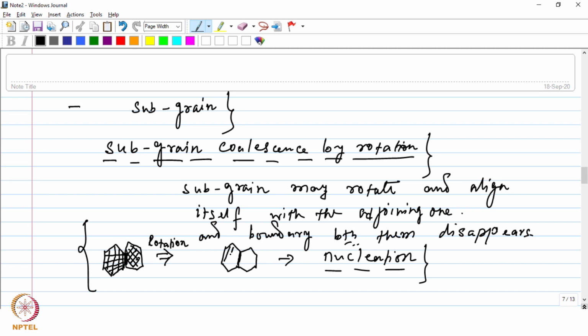So when that happens, then in both of these subgrains, the atomic arrangement is going to be the same, and therefore there will be no boundary between them, so they can coalesce into one bigger subgrain. So these are some of the models which explain the different mechanisms of nucleation for the strain-free grains to form during the recrystallization process. And this particular mechanism was proposed by this person.